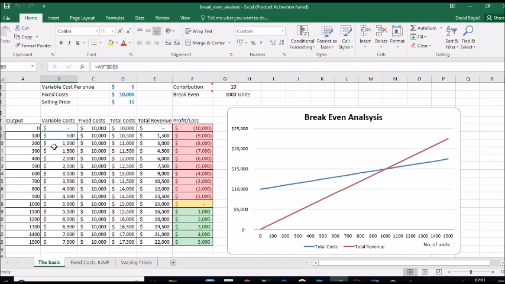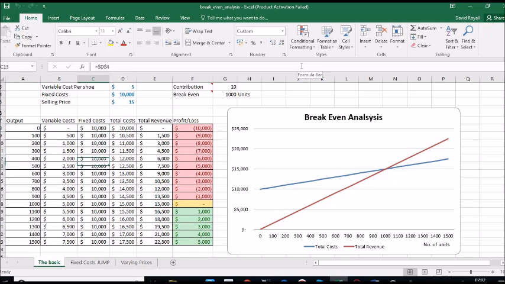So what we do is multiply the output by the variable cost of $5. So 100 times 5 is 500 and so on. So you can see that we're going up in increments of 500 because output is going up in increments of 100.